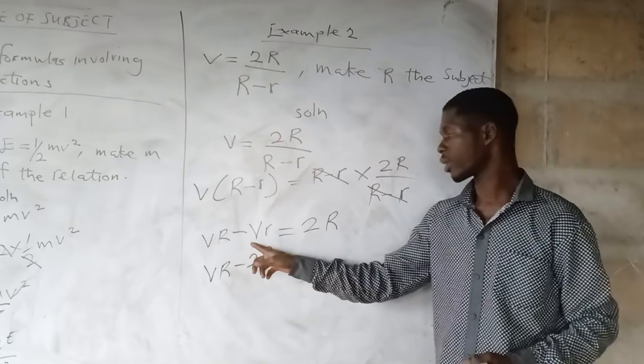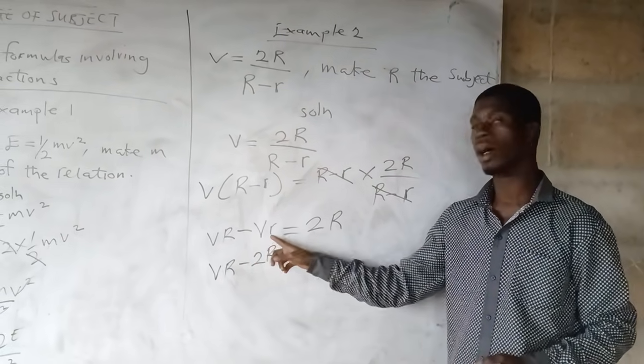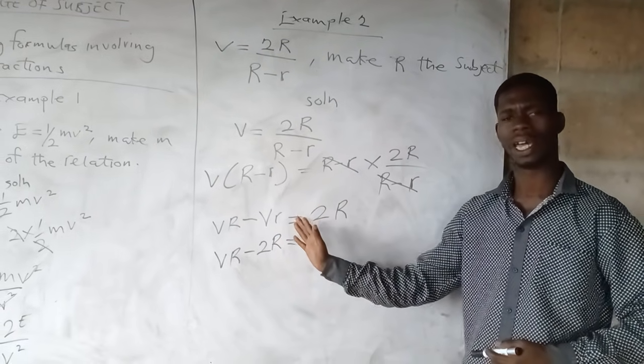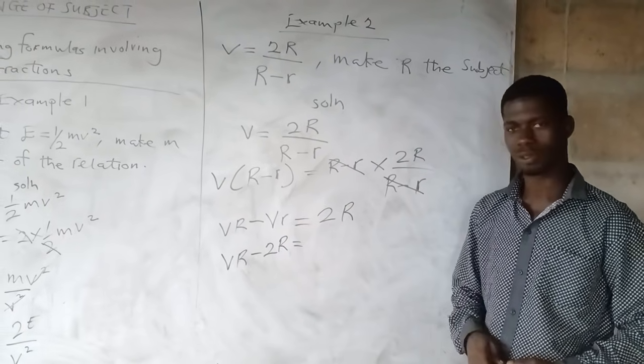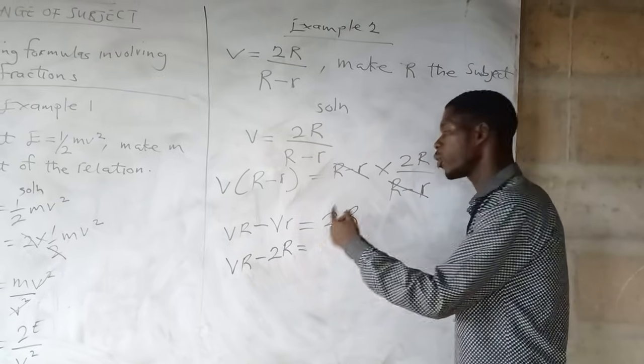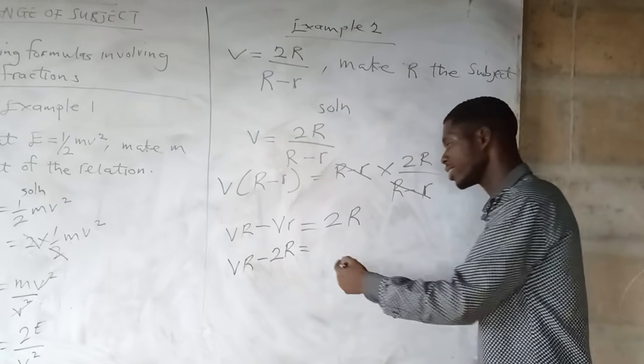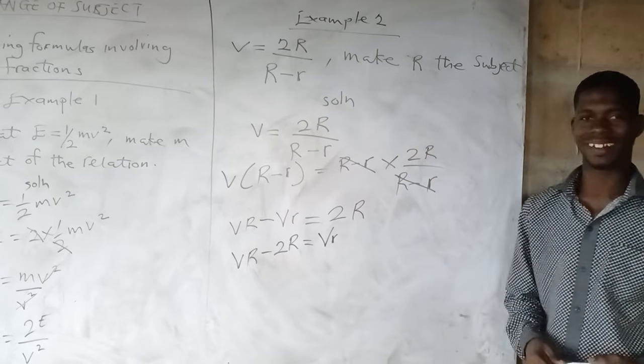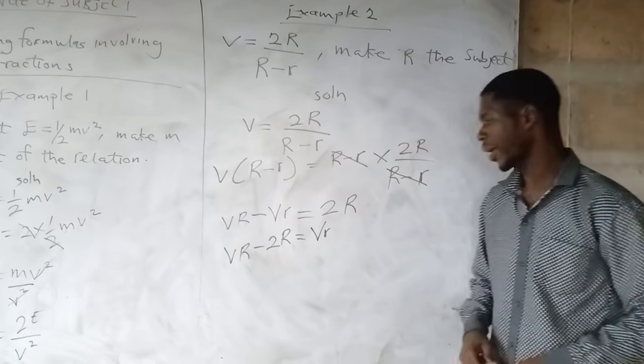Then this one, negative V in small r, whilst crossing the equal sign from left hand side to right hand side, it becomes positive V in r. Are you okay? Yes. Okay.